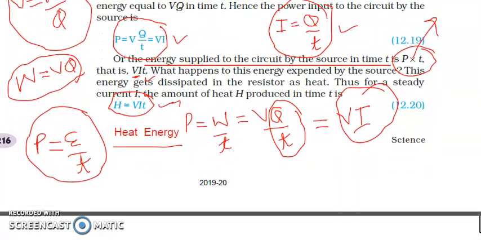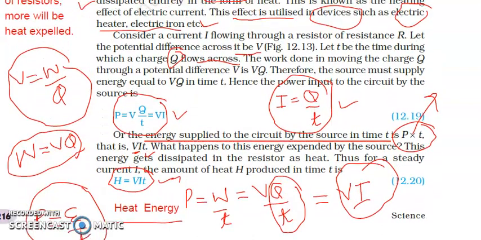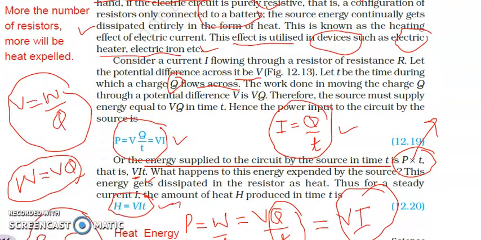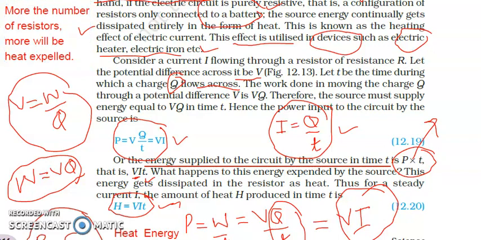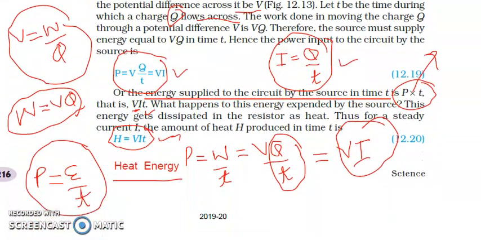Now what you have to revise up to here is that the more resistors are connected, the more heat is expelled. That means the more resistors connected in a series combination, the higher the heat expelled. The second thing is that you have to be very careful with these formulas. Power is equal to work done upon time.